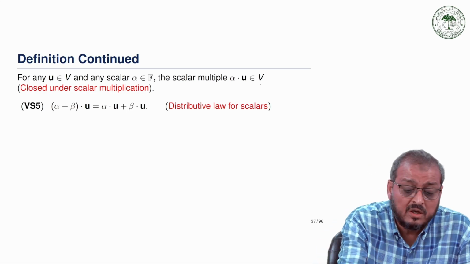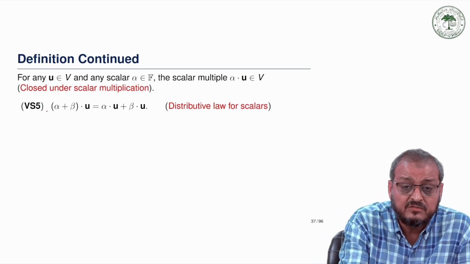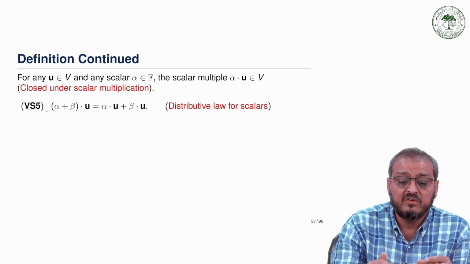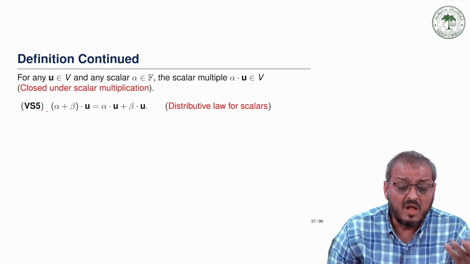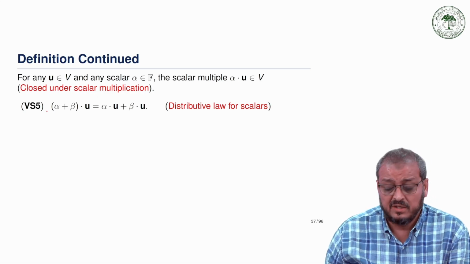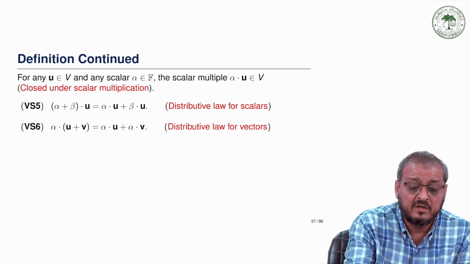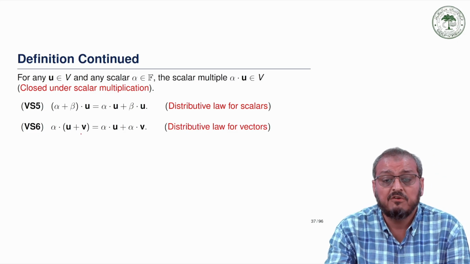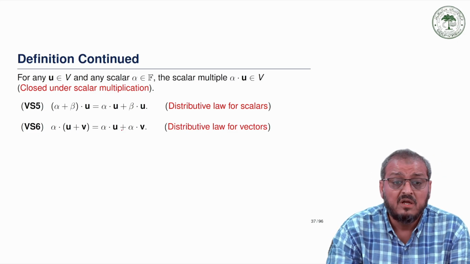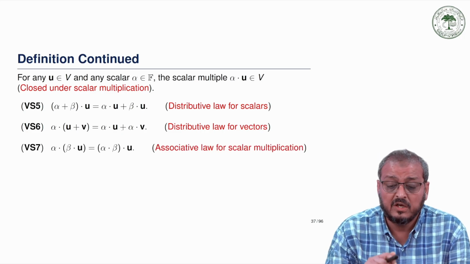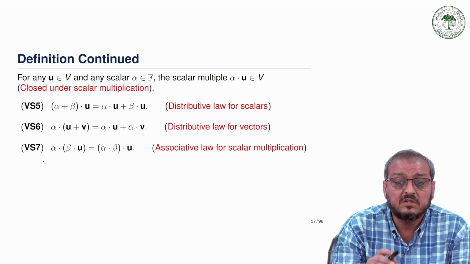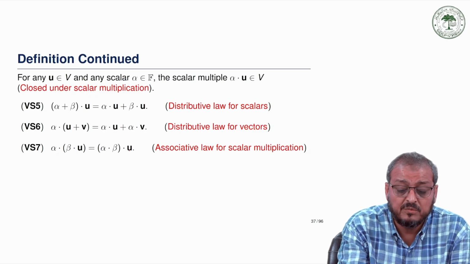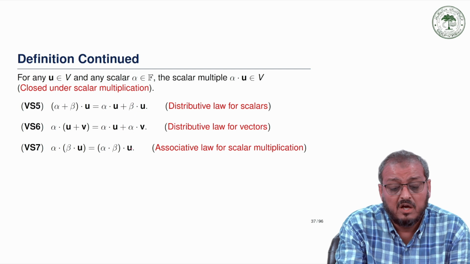Also there is a distributive law for scalars: we take two scalars alpha and beta, and alpha plus beta over the vector satisfies one condition. It also satisfies another distributive law, alpha over the sum of vectors, alpha u plus alpha v, the distributive law for vectors. It also satisfies the associative law for scalar multiplication: alpha times beta u is equal to alpha beta u, or beta alpha u.